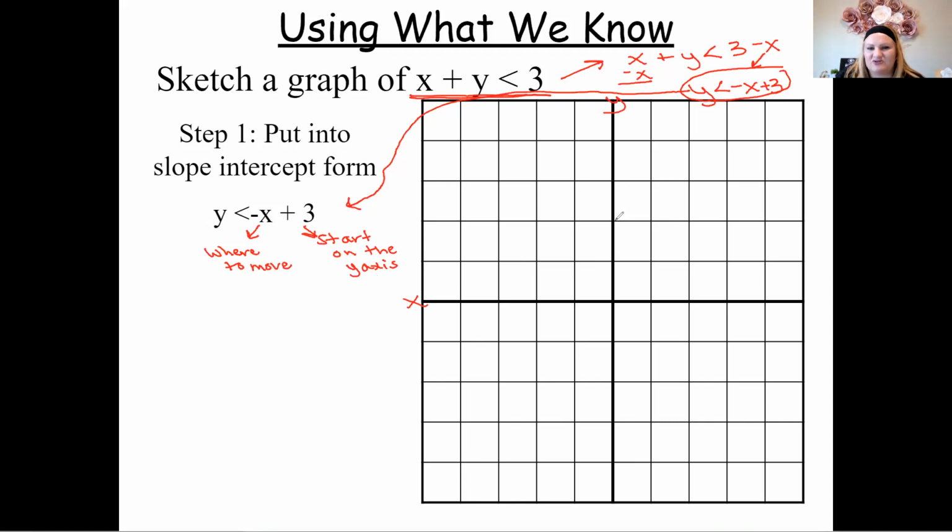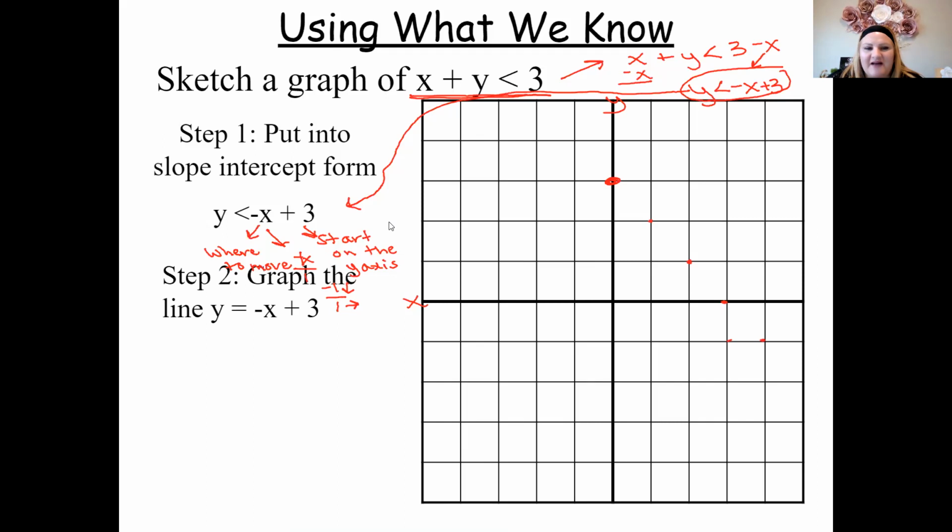So we start at 1, 2, 3. We put a point here. The slope is negative x, which is negative 1x over 1. So our slope is negative 1 over 1. This tells me to go down 1 and over 1. So from this point, I'm going to go down 1, over 1, down 1, over 1, down 1, over 1, down 1, over 1. And it just continues.